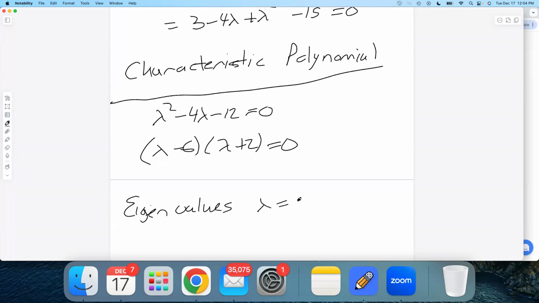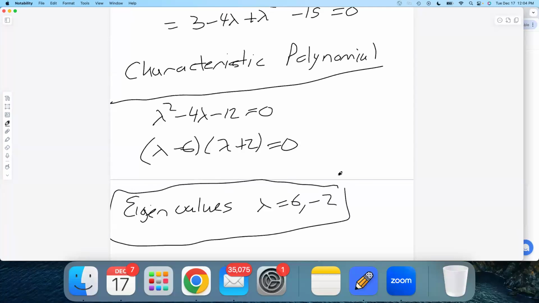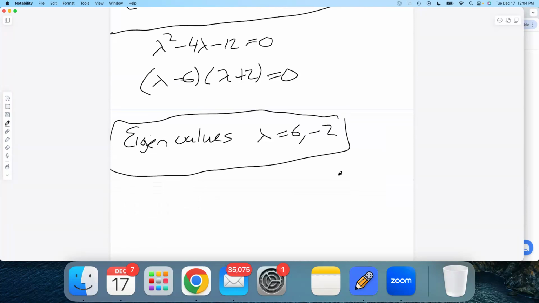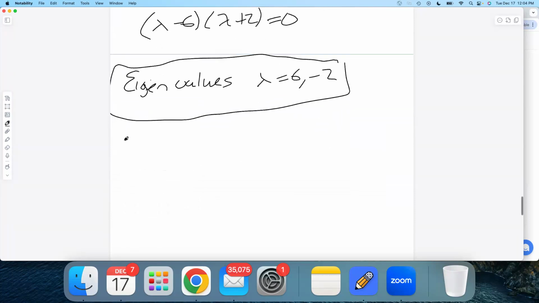We get lambda equals 6 and negative 2. Each one of those separately is going to give us an eigenvector. Eigenvectors go with particular eigenvalues. So step 3, we find our eigenvectors.